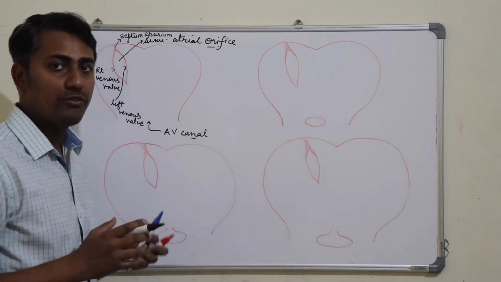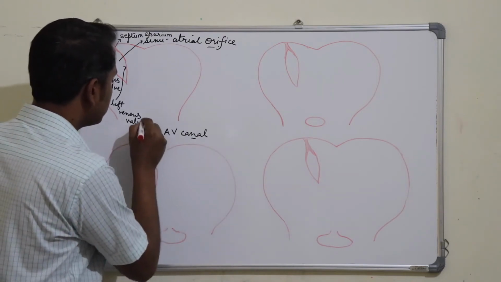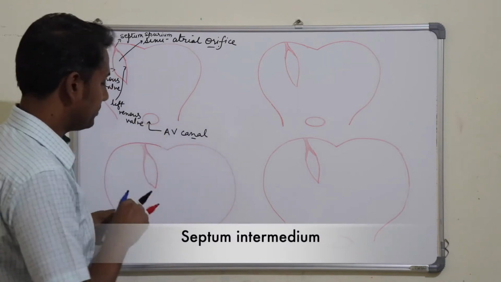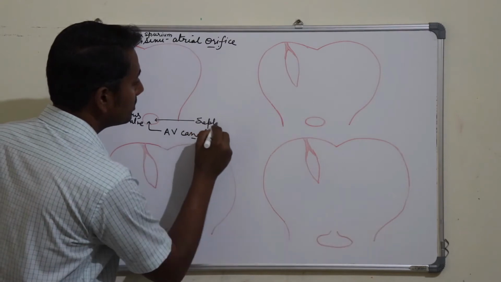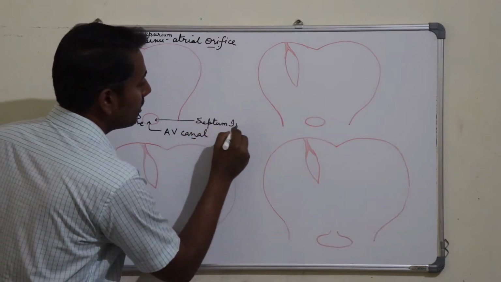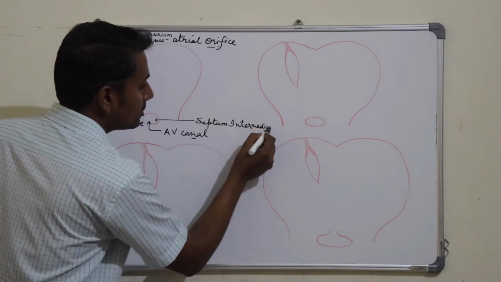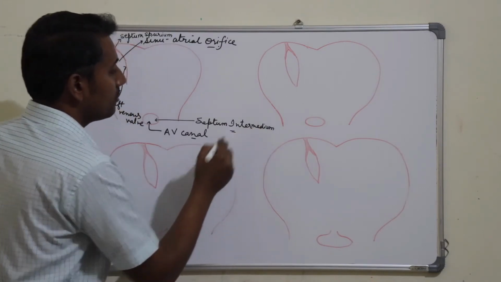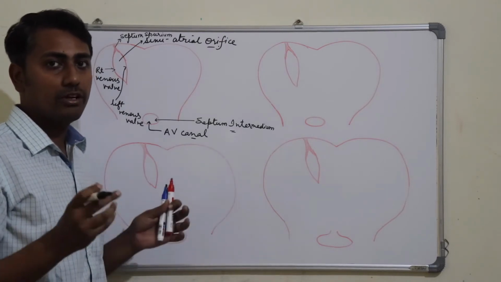These fused atrioventricular cushions are together known as septum intermedium, which is basically the fused anterior posterior atrioventricular cushion.